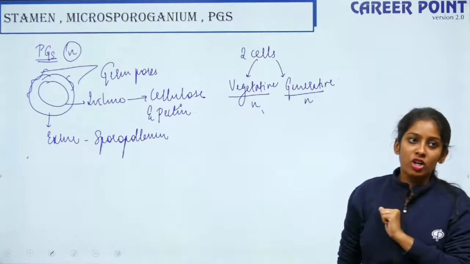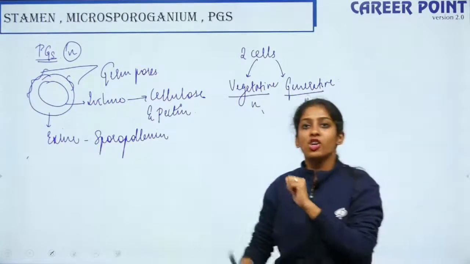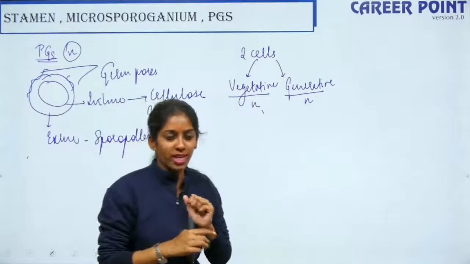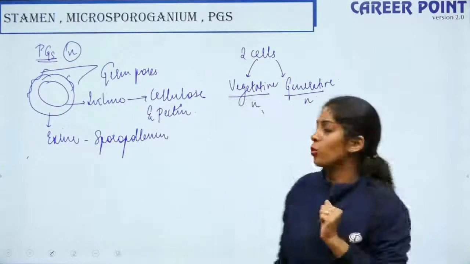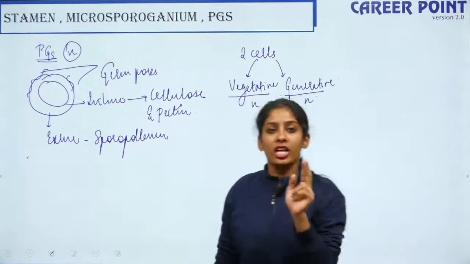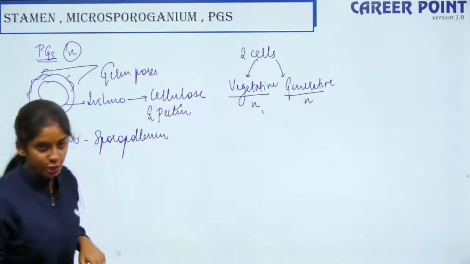The pollen grain undergoes mitosis to form your vegetative cell and your generative cell. Your vegetative cell is big and has an irregularly shaped nucleus, and in the cytoplasm of the vegetative cell you have your generative cell. When your pollen grain comes out of the anther at this stage, it is called the 2-cell stage.